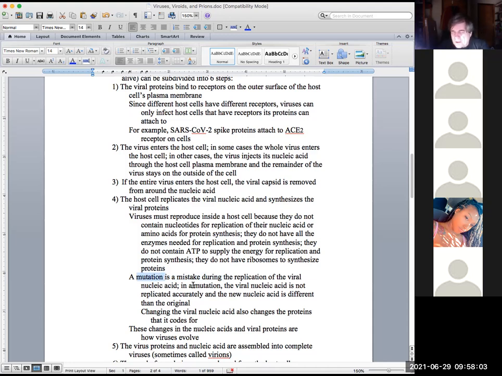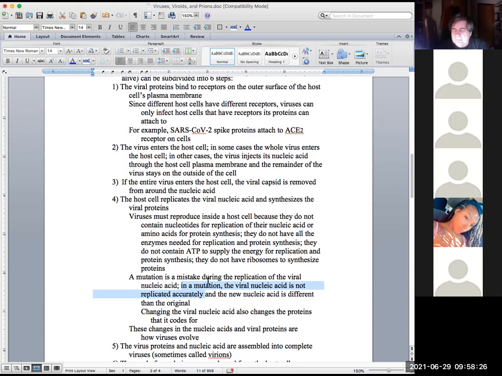Now, in a mutation, the nucleic acid isn't replicated accurately. So remember, we've said that we've got those 4 bases, A, C, G, and T, or A, C, G, and U, depending on whether we have DNA or RNA. So replication isn't accurate.